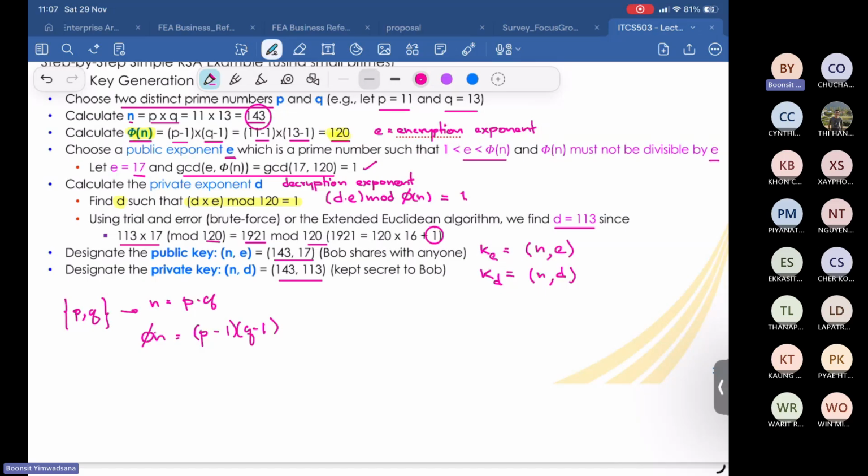And then we choose a number E, given that E must be less than this.